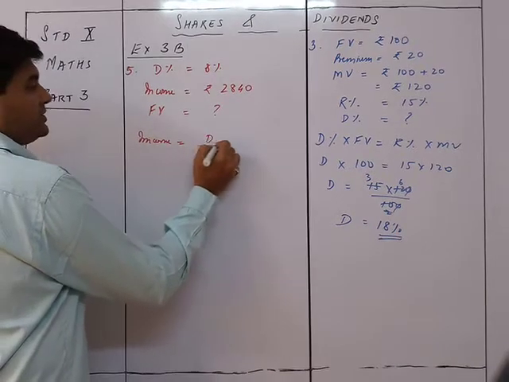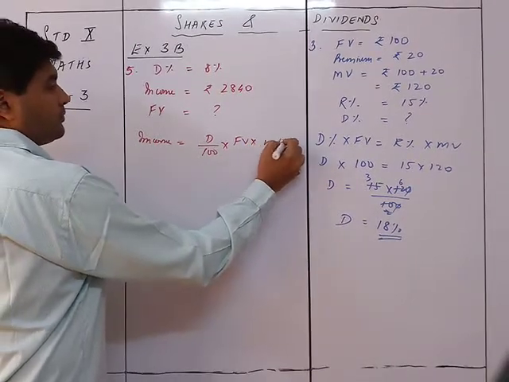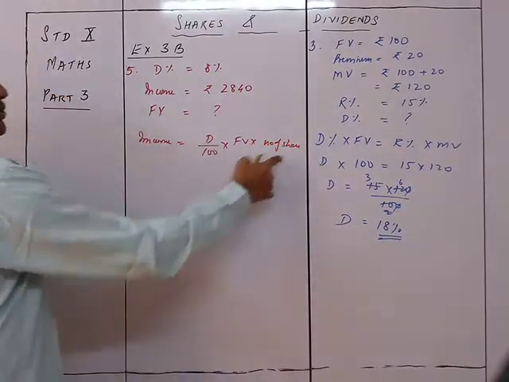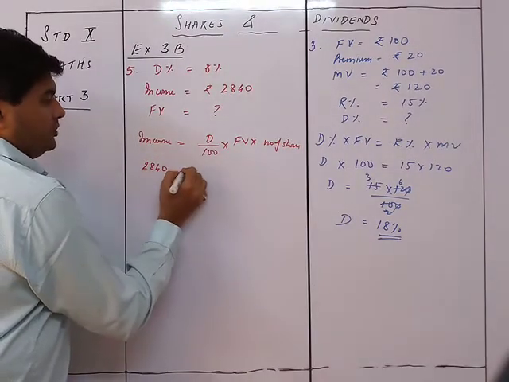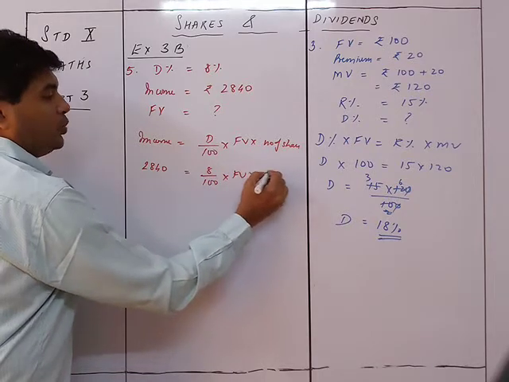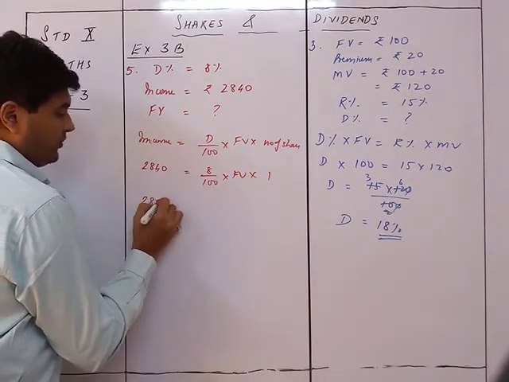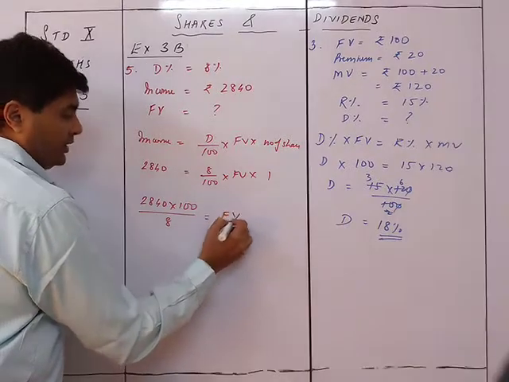So we see over here that income is equal to dividend percent upon 100 into FV into number of shares, which you will take as 1. So here income 2840 is 8 upon 100 into FV into 1. So it's 2840 into 100 upon 8 is equal to FV.